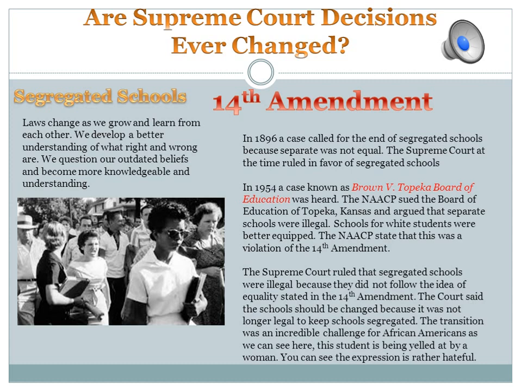We're starting to shift now, and a case known as Brown versus Topeka Board of Education was heard. The NAACP, the National Association for the Advancement of Colored People, sued the Board of Education. The NAACP argued that the separate schools operating in Topeka were illegal.